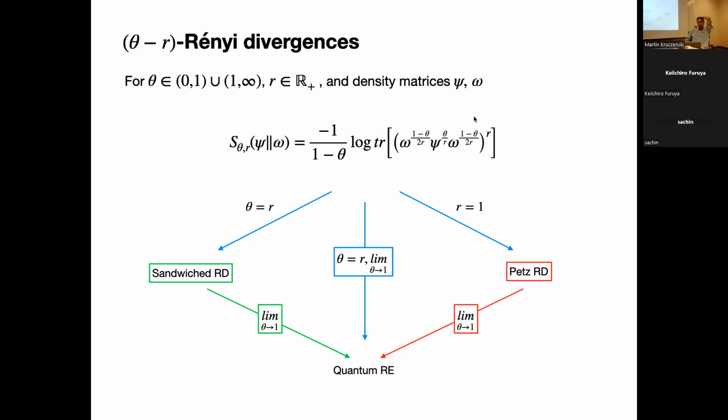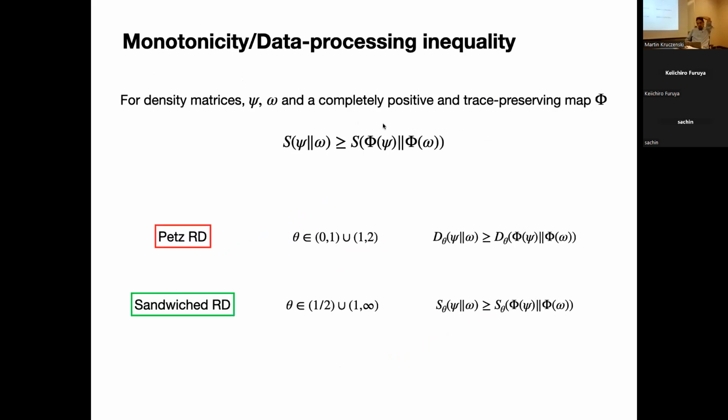This is kind of key to our generalization. So with that in mind, let's study monotonicity, or the data processing inequality, which is the fundamental property that we want for information measures.